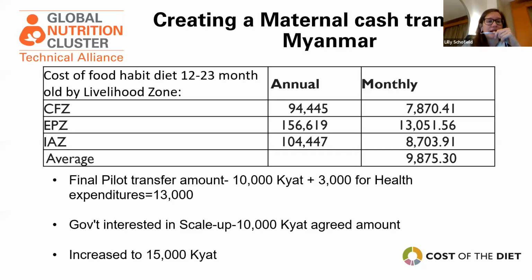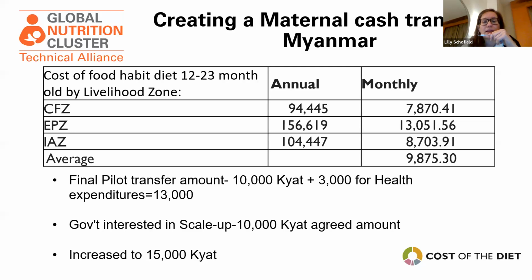So in this setting, we were working in a program across 3 different livelihood zones. The letters here just represent the different livelihood zone acronyms. But what we did is we did cost of diet in each of those livelihood zones and then looked at the average monthly cost of that diet for a child 12 to 23 months. That averaged out at just under 10,000 kyat, which is the local currency.